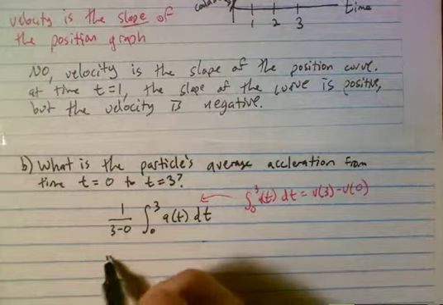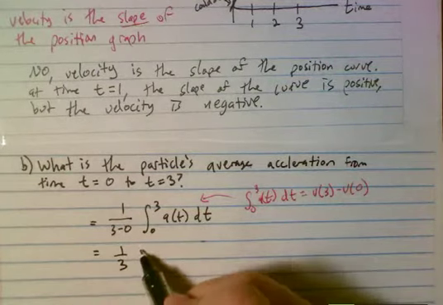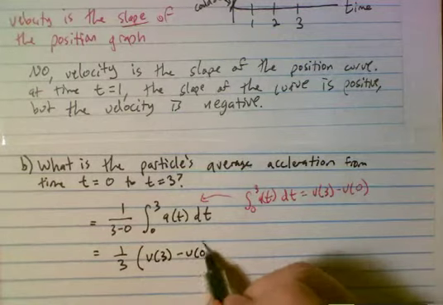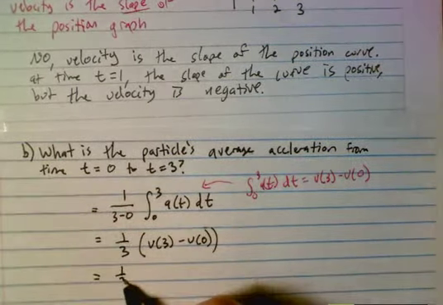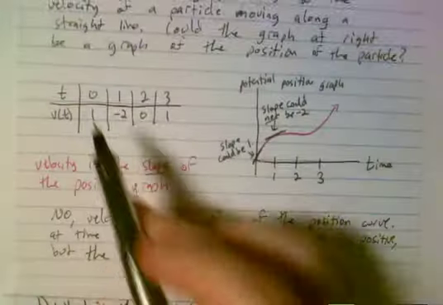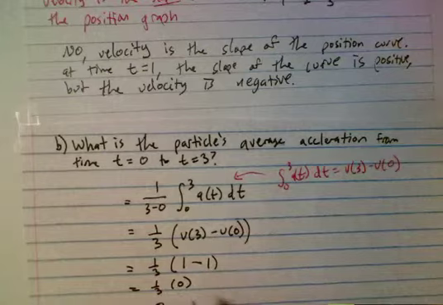So that means we can make this 1/3, and then this is just v of 3 minus v of 0. And then v of 3 is 1. v of 0 is also 1. So it's 1/3 of 0, or just 0.